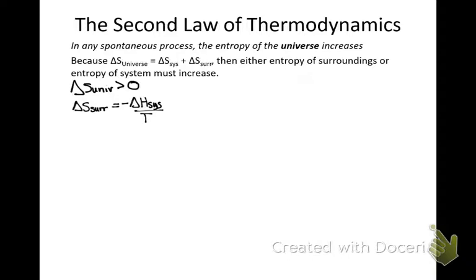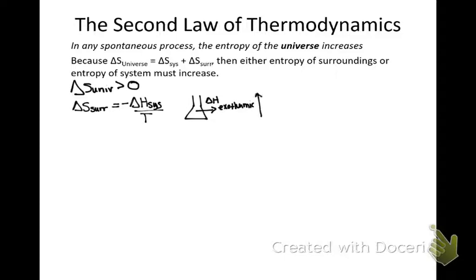So let's think about what that means. If you have a system where delta H is negative, that means that this is exothermic. When heat is released by the system into the surroundings, it raises the temperature of the surroundings.